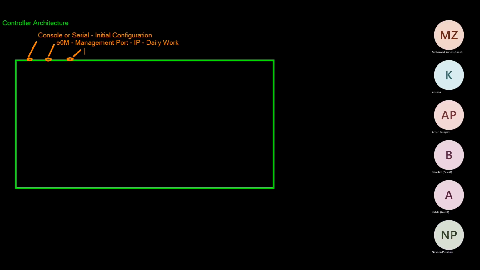The next thing is the service processor, or in some controllers we call it a BMC. The purpose is the same. The service processor, or BMC, is another port on top of the controller.